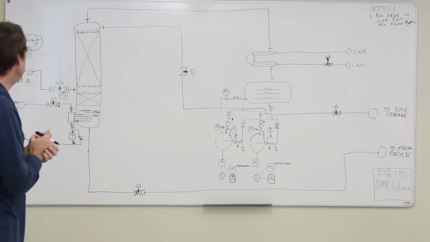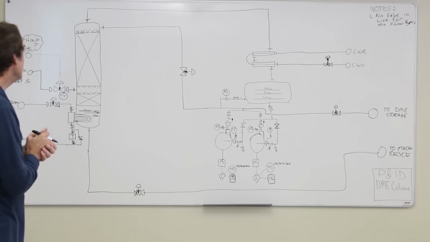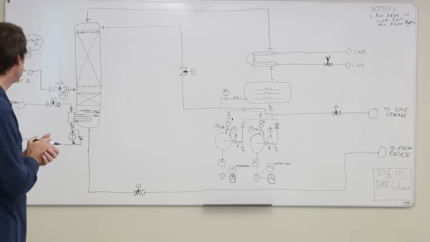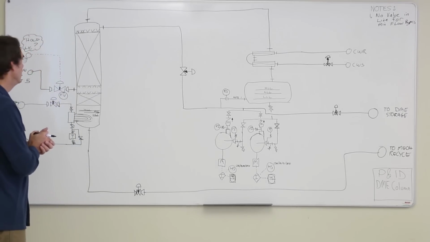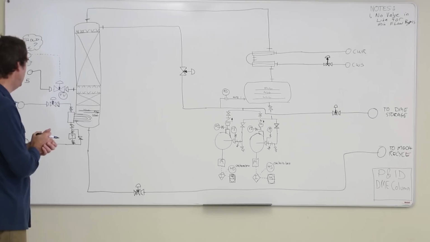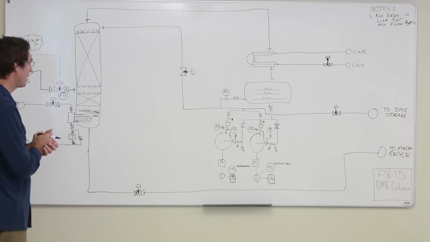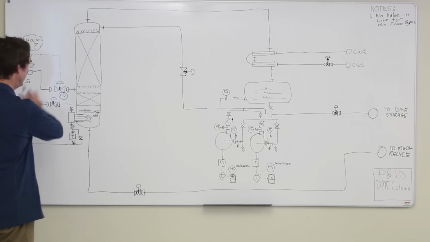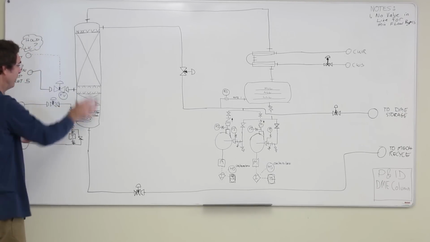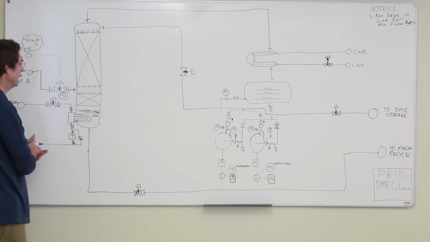I think we're good for the piping. Now we're missing a whole bunch of instrumentation here. Maybe we'll start with what we maybe think is the easy part of this, which is the bottom of the tower. So we've got the material coming in here, plus the reflux flowing down in here, affecting the liquid level.